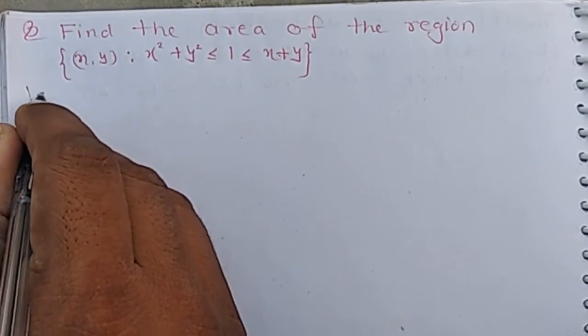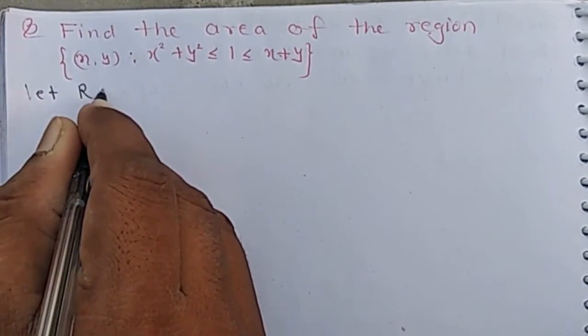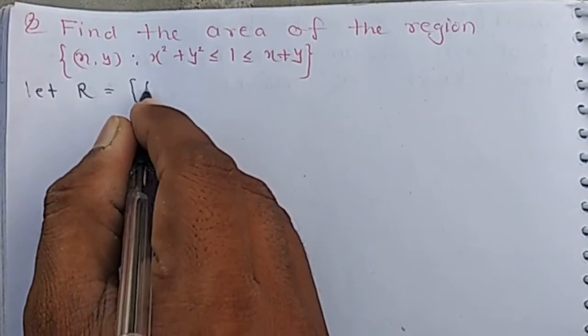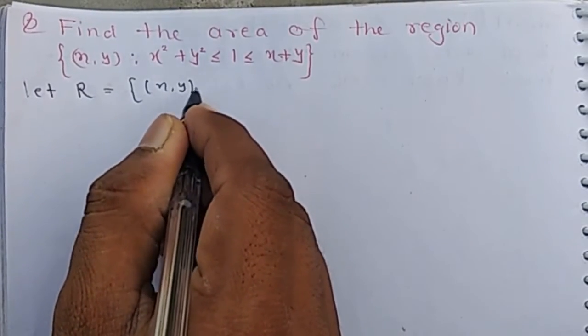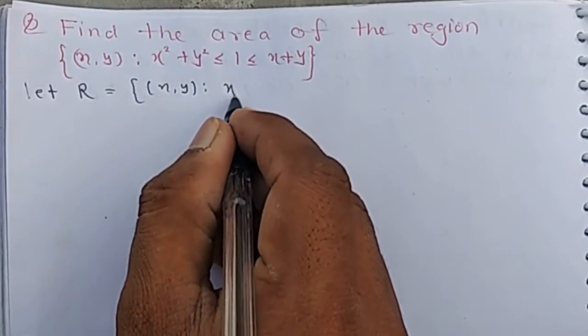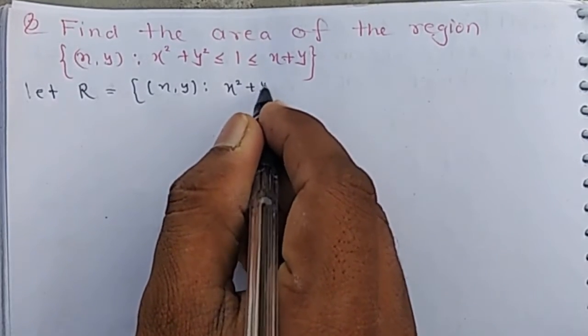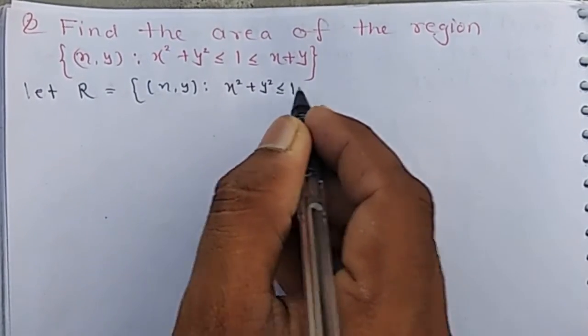Let R equal the set of (x, y) such that x² + y² is less than or equal to 1.